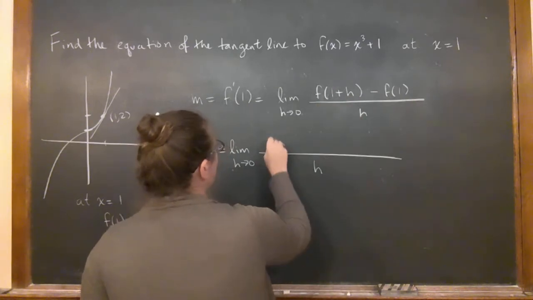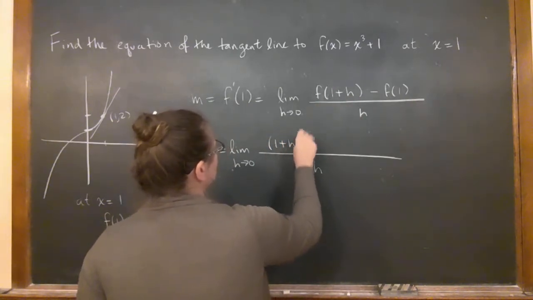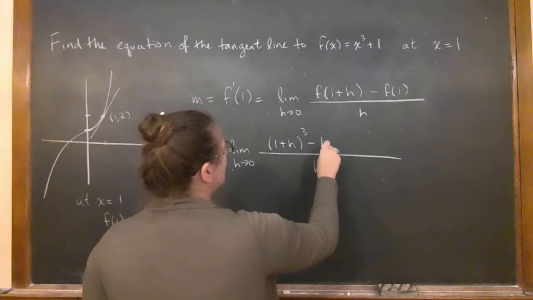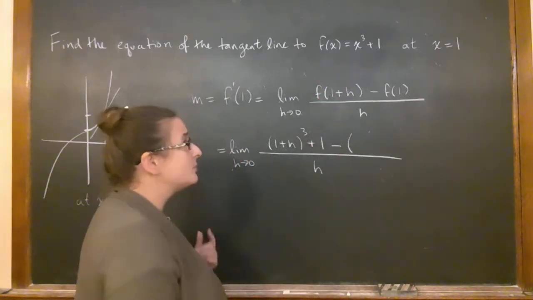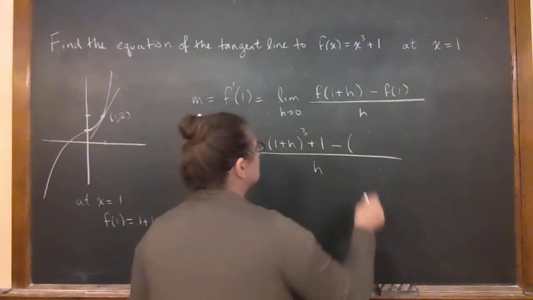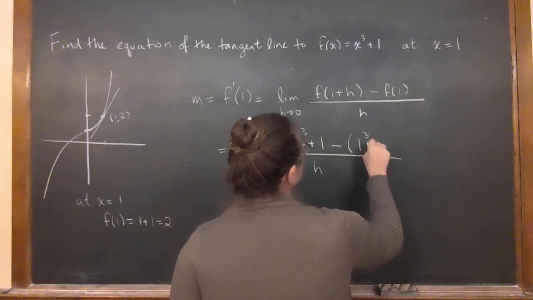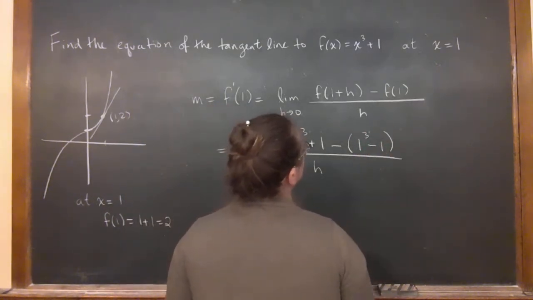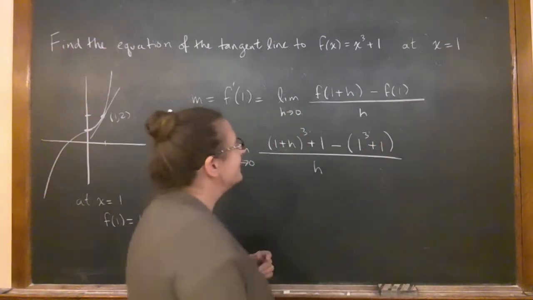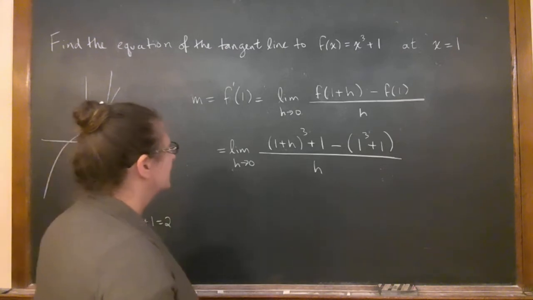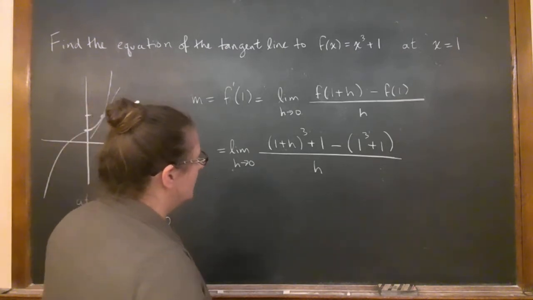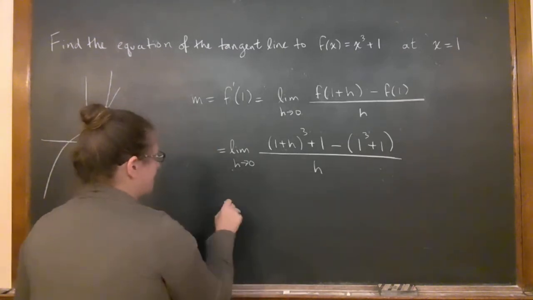So I have 1 plus h cubed minus 1, plus 1, minus, notice I'm putting in these parentheses, 1 cubed minus 1, right? Plus 1. I apparently decided the function had negative 1, but it's not, it's plus 1. Okay, so I have this sort of thing here.